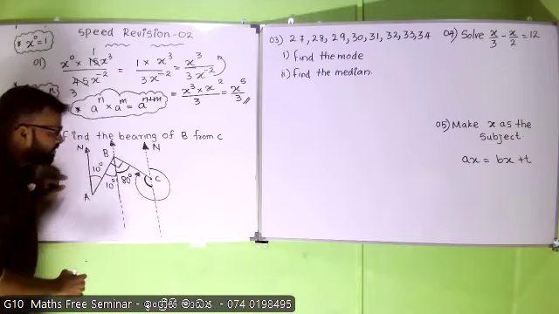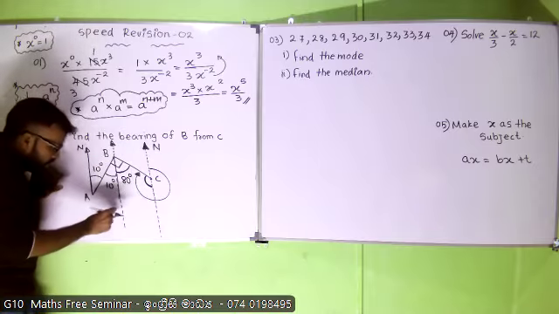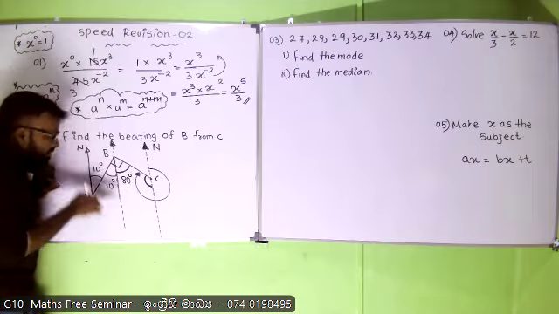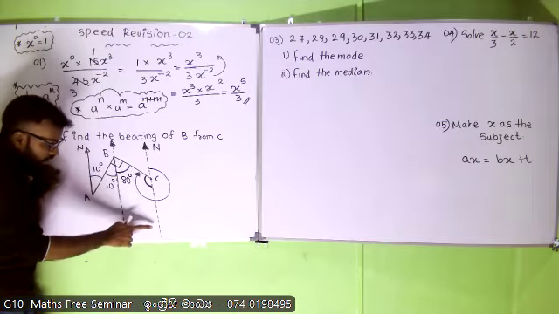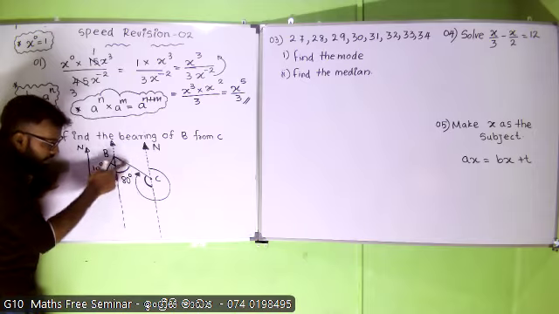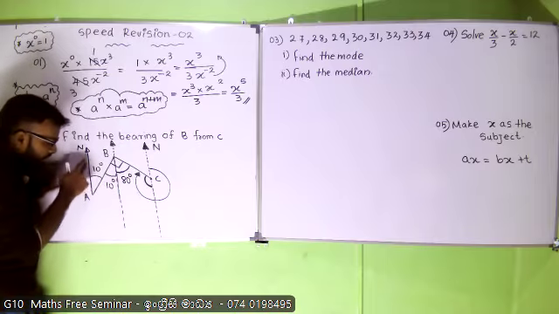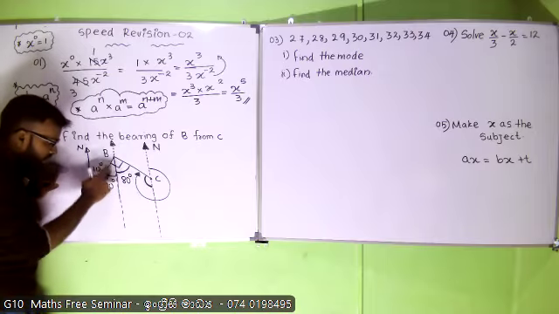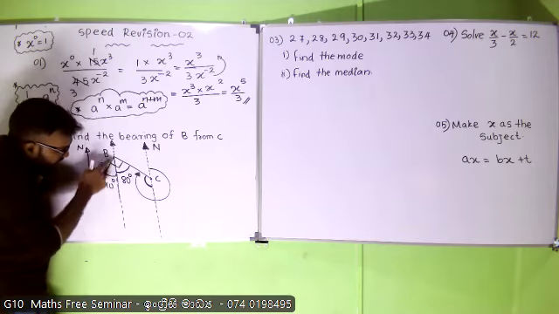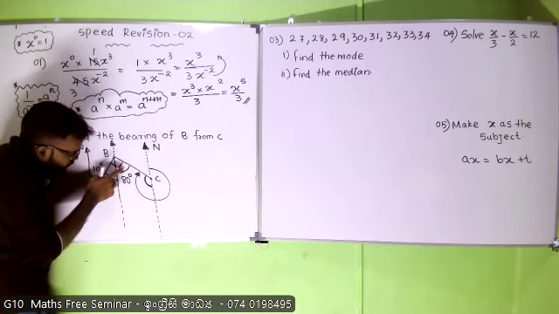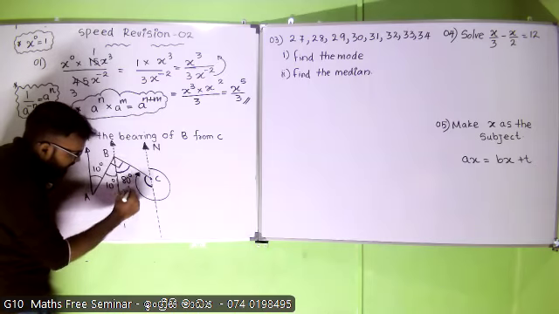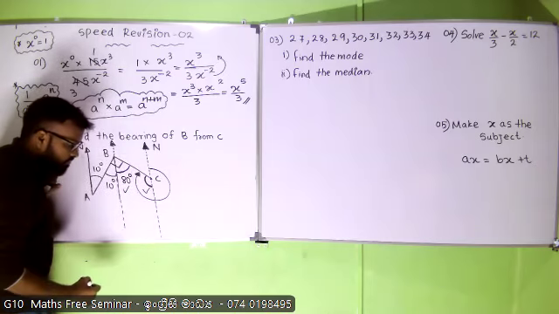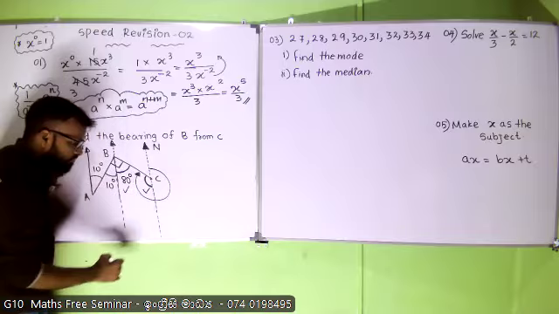Because this line is parallel to this line, parallel to this line, you can see allied angles. Previously we had alternate angles. Now you have the C type of angle here. You know this angle is 80 degrees, and you can find this angle.